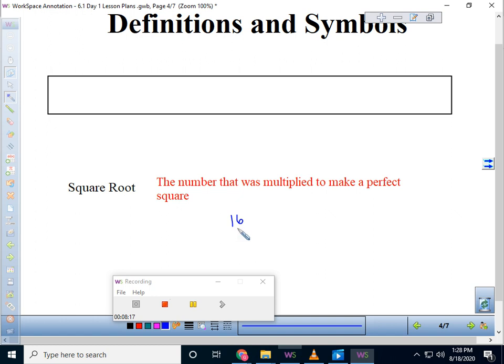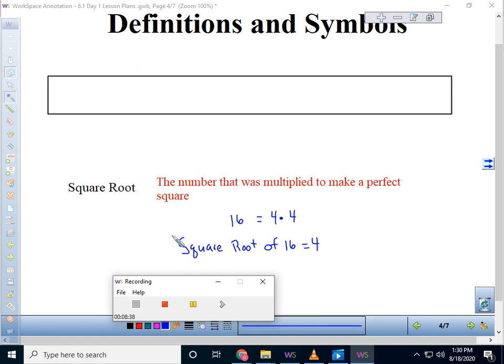Well, 8 times 2 equals 16, but 8 and 2 are not the same number. But if we look at this, 4 times 4 equals 16. So we can say the square root of 16 equals 4.